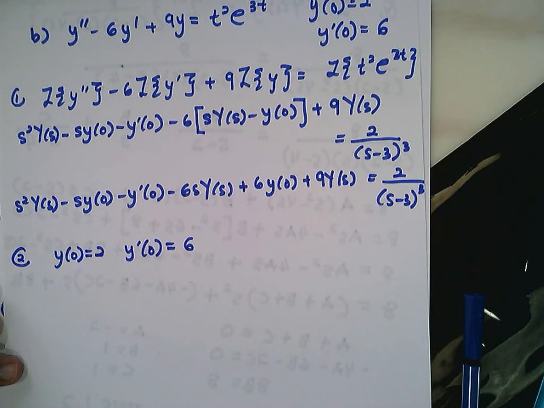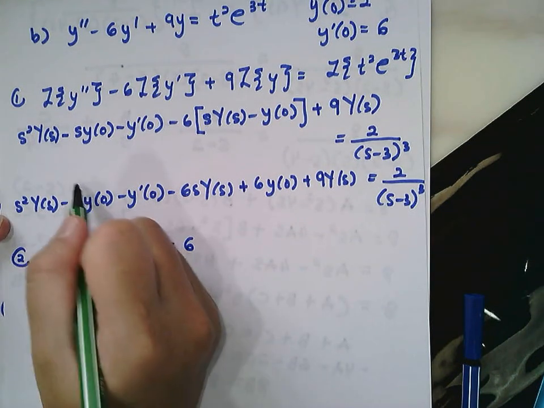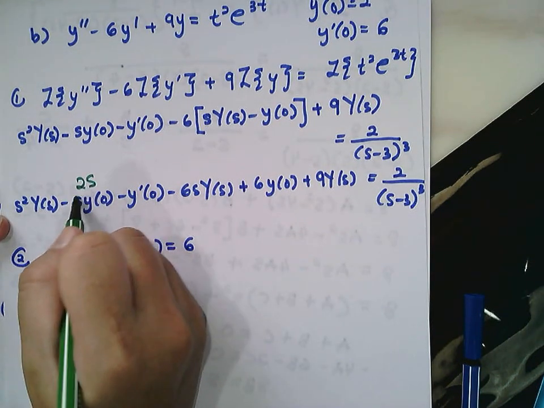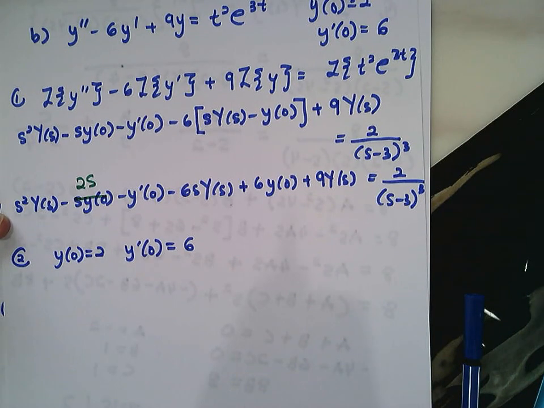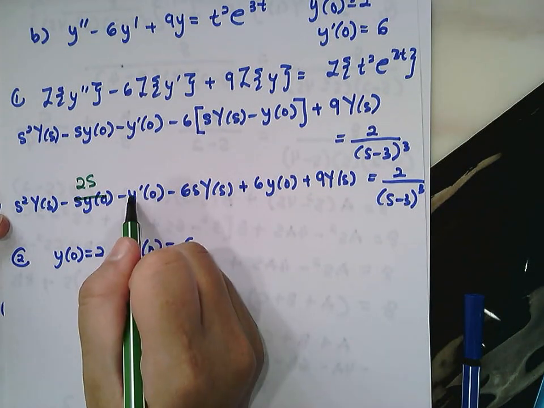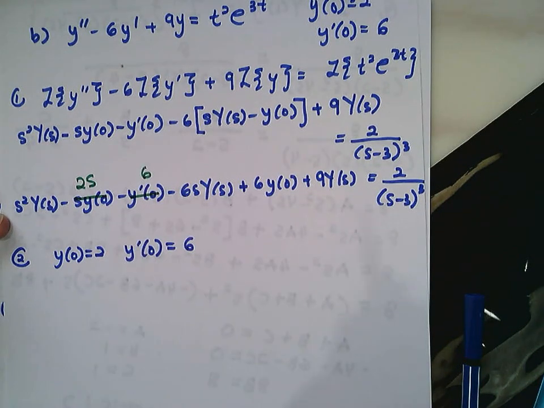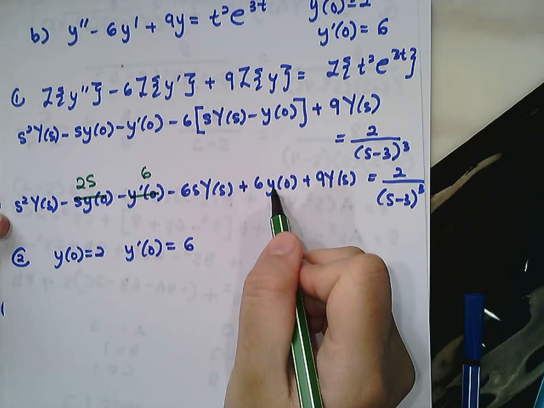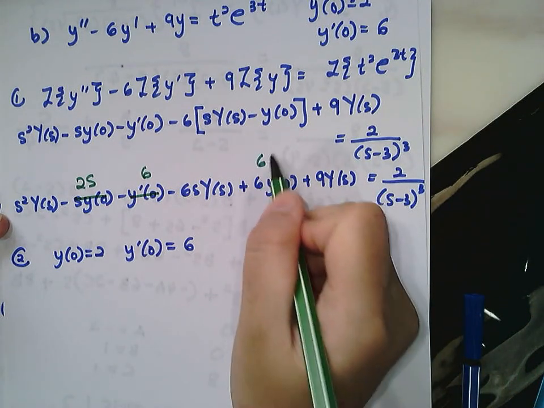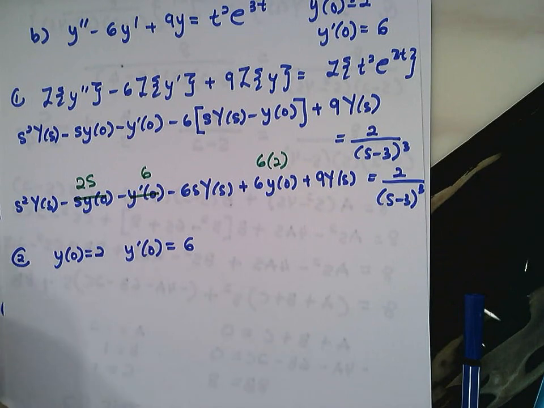So y(0) is equal to 2, so here you will have 2s. Okay, y prime (0) is equal to 6. y(0) is equal to 2, so 6 needs to be multiplied by 2.